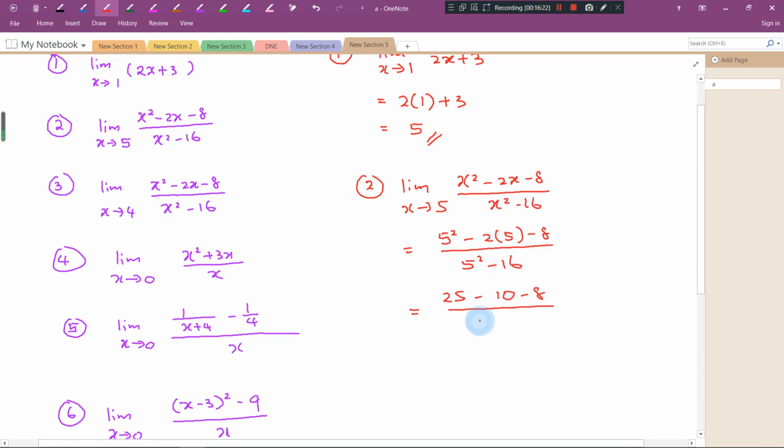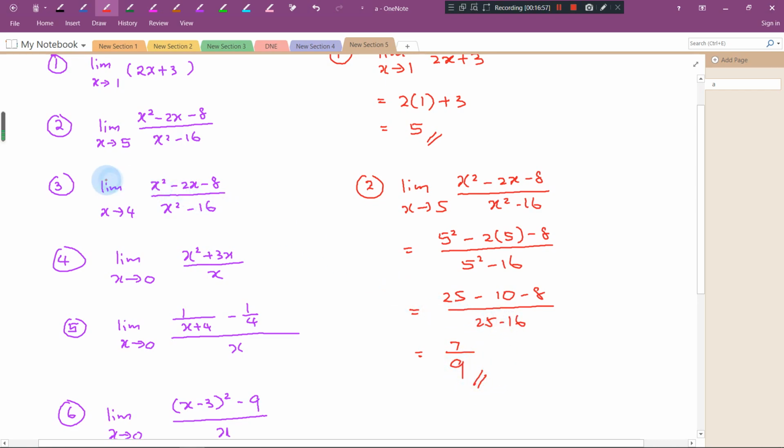You can just press your calculator. So this is 8, sorry. Let me check again, correct or not. My equation should be correct. Okay, correct, no problem. So the answer is 15 over 9.